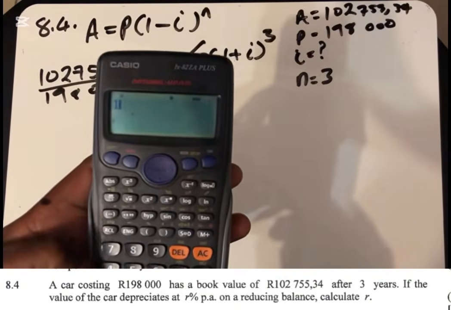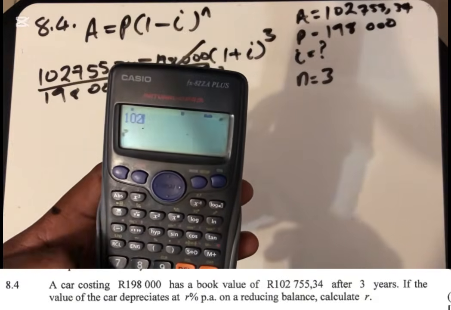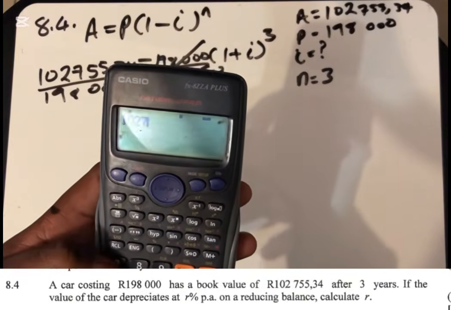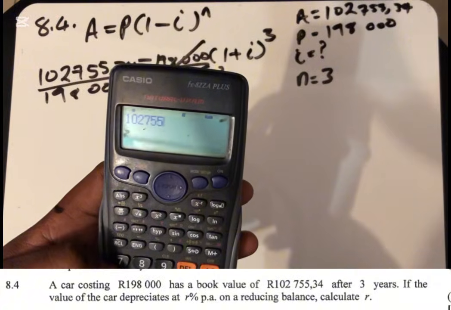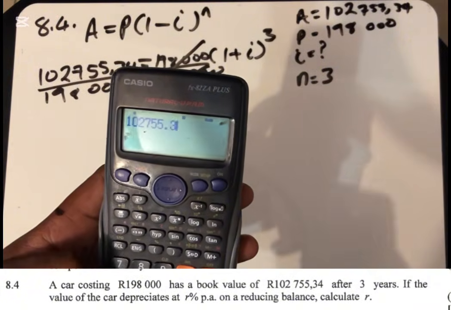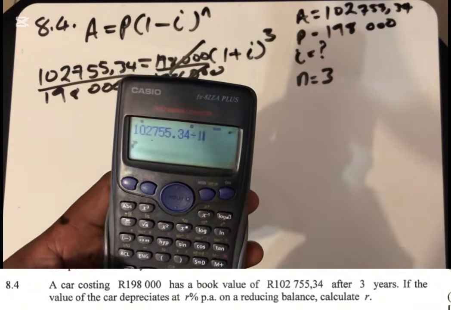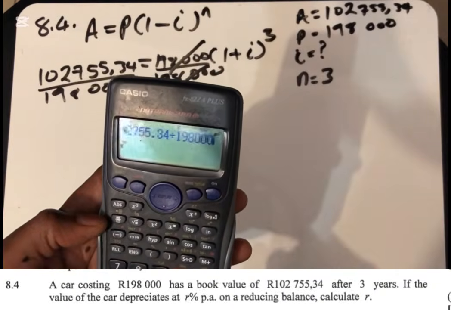Then we use the calculator. We have 102,755.34 divided by 198,000.